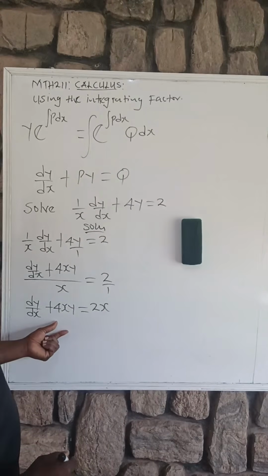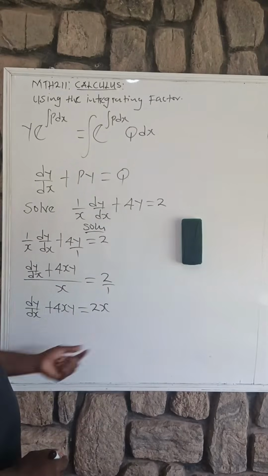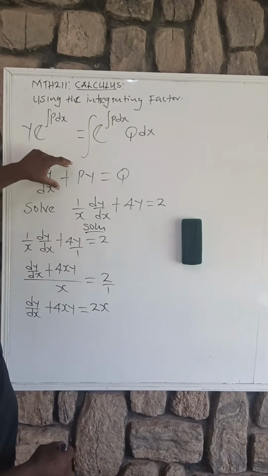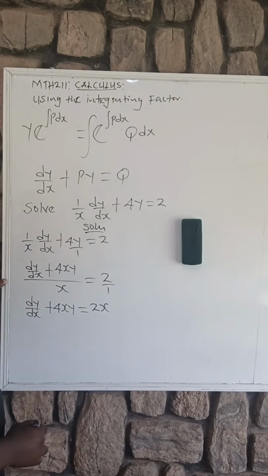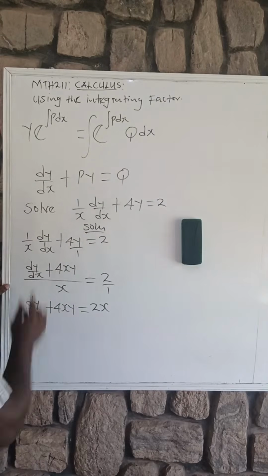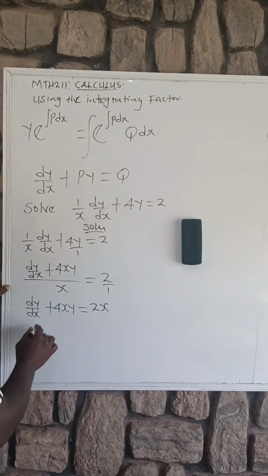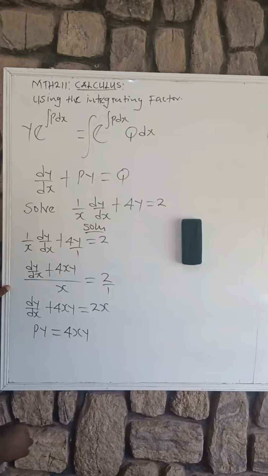Can you see now we have transformed this first order differential equation into this form? So far so good. This implies that we have to equate it with this. We have Py equals 4xy, true or false?